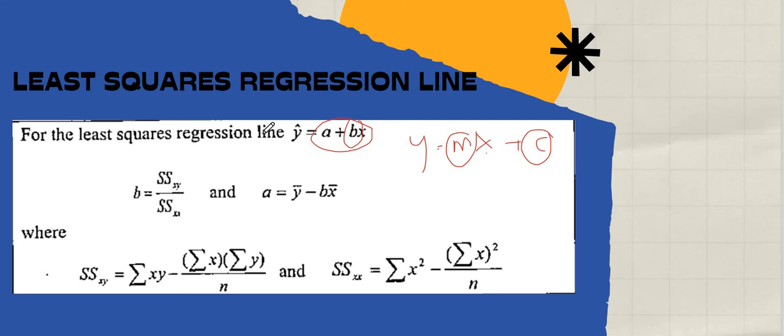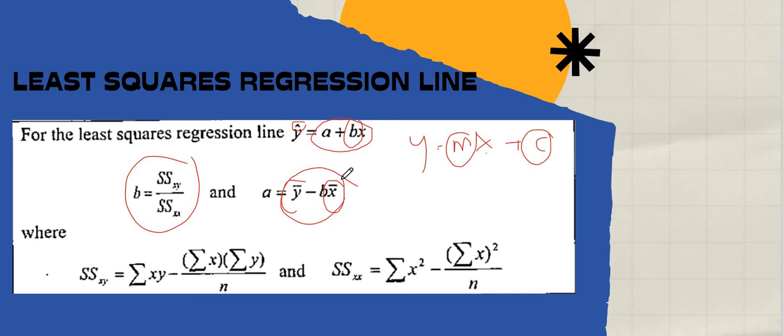To get b, we don't use the normal practice we learned before in school for finding the slope or gradient. In this chapter we find b by using this formula, and a we find by using this formula. Here this is y hat and this is y bar. Y bar and x bar are the means, which we learned before.